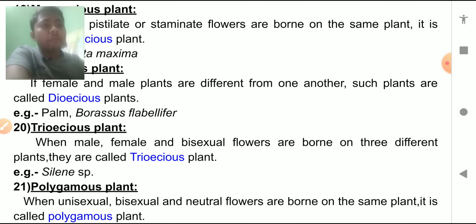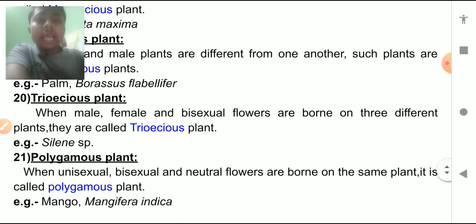When a species carries this type of feature, it is called a trioecious plant.